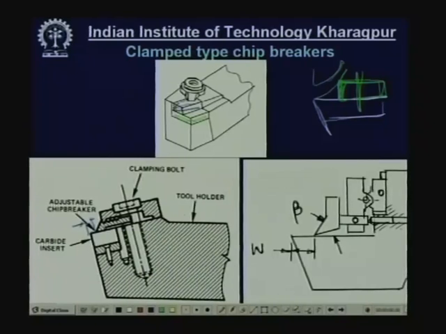But here it is slightly flexible, only the width can be varied. But here is another more versatile one, where not only the width can be varied by shifting the position of this one, but the angle can also be varied by raising this upward and tilting around this axis. So, this is more versatile, which covers a wide range of material, cutting velocity, feed, depth of cut, and so on.